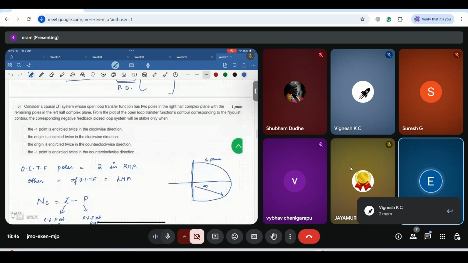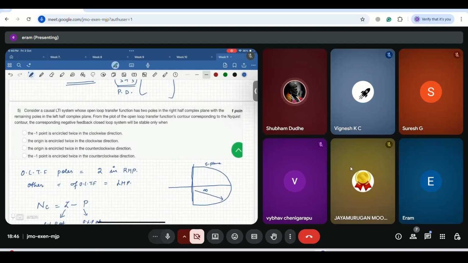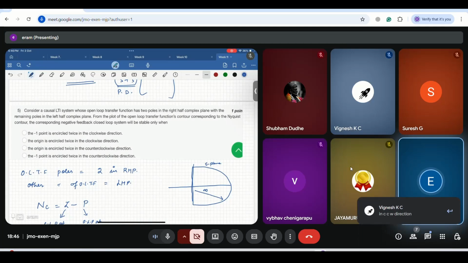And in which direction? Counterclockwise. Counterclockwise direction, and about the origin or about the -1 point? About -1, because it is given that the open loop transfer function contour corresponds to the Nyquist contour.